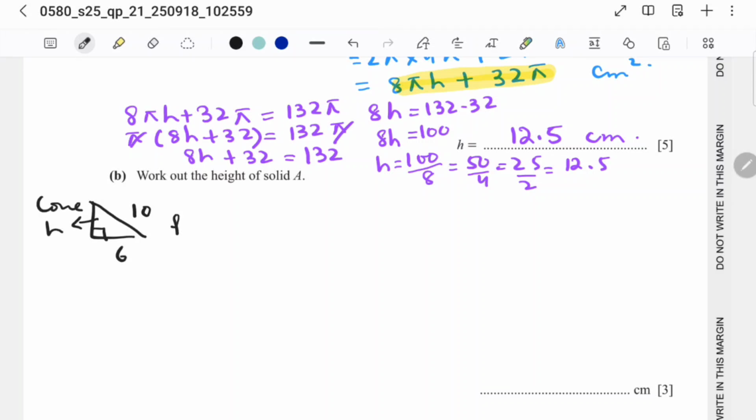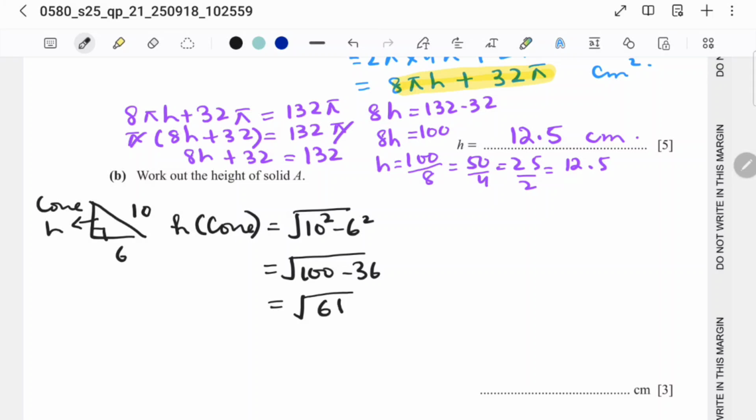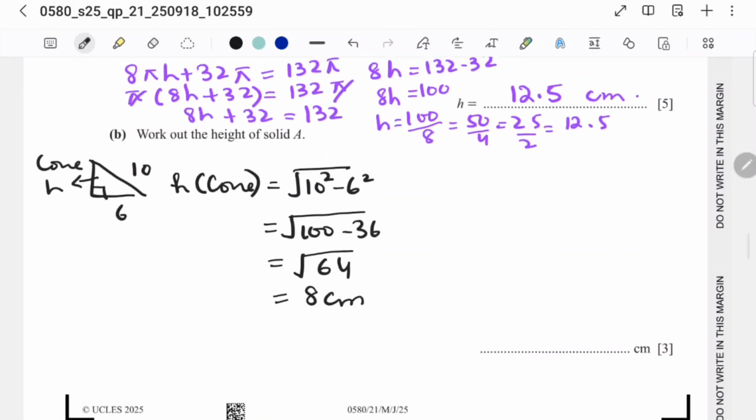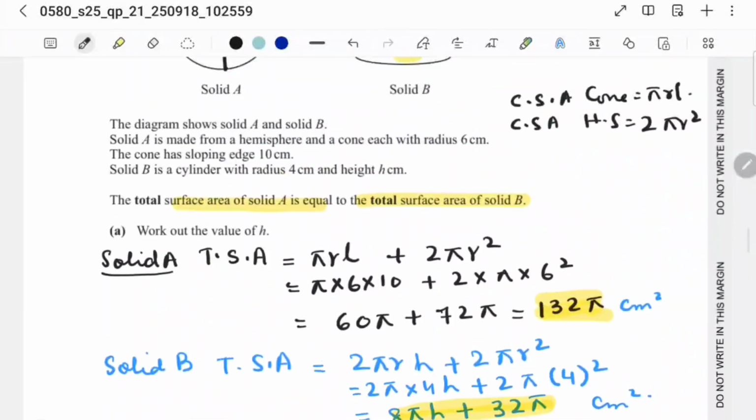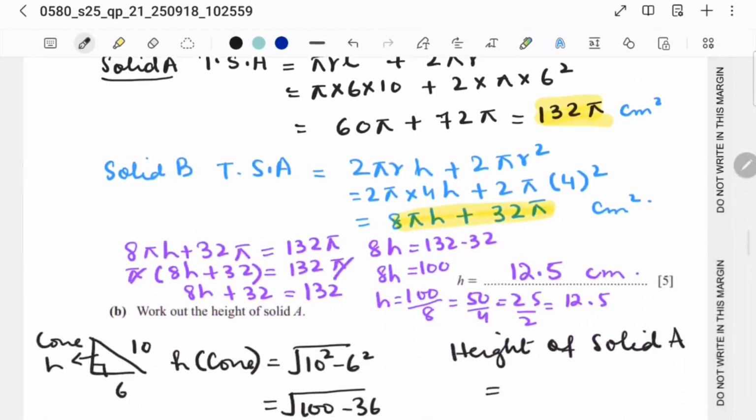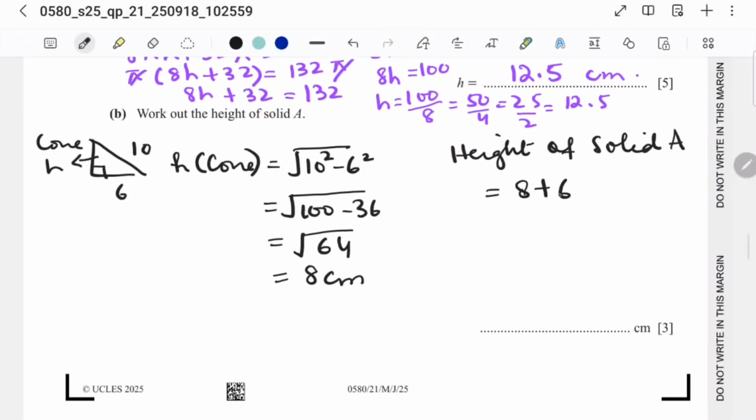So the height of the cone is equal to 10 square minus 6 square, which is 100 minus 36, which is 64, and 8 centimeter when you remove the square root sign. So the height of solid A is 8 plus 6, which is equal to 14 centimeter.